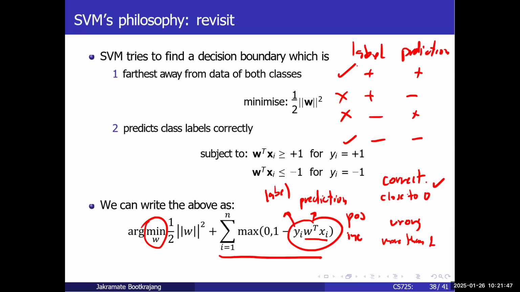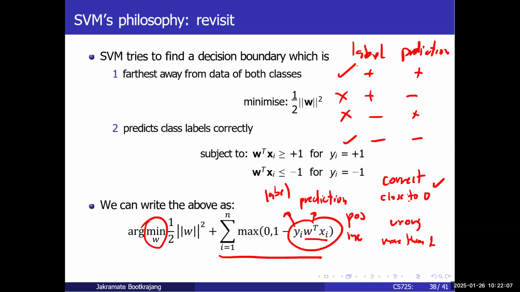Because each example that you predict correctly contributes a very small number. But if you predict incorrectly, you contribute a very large number. So this equation basically will maximize the accuracy, right?